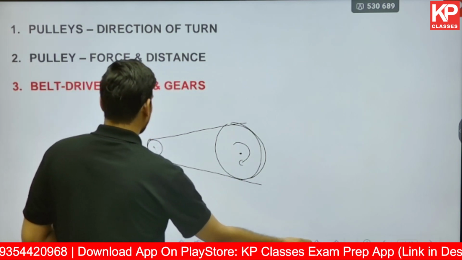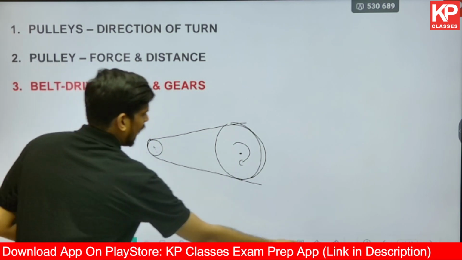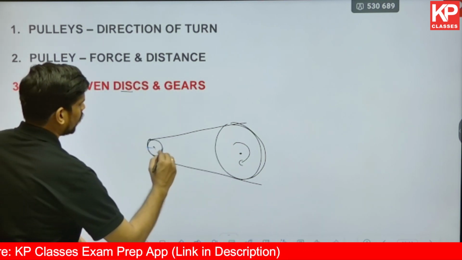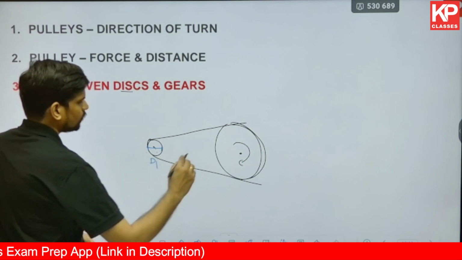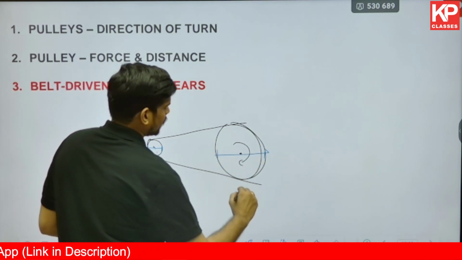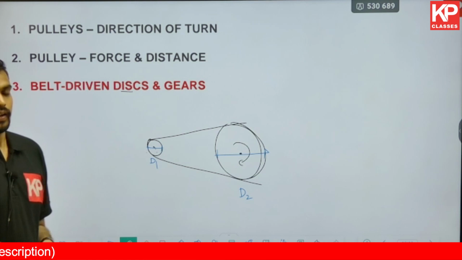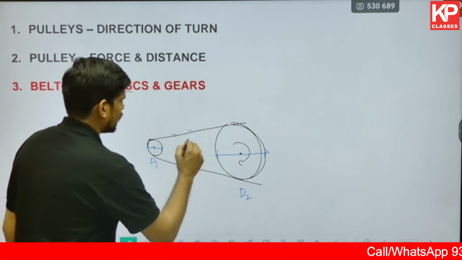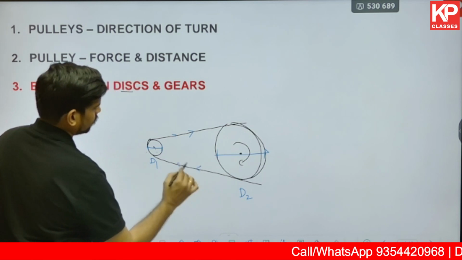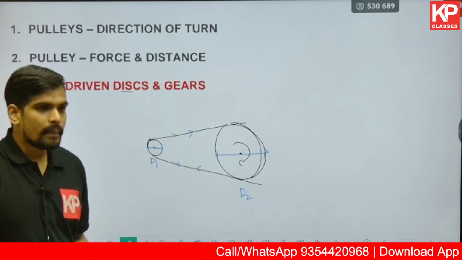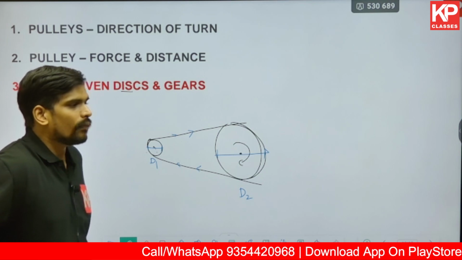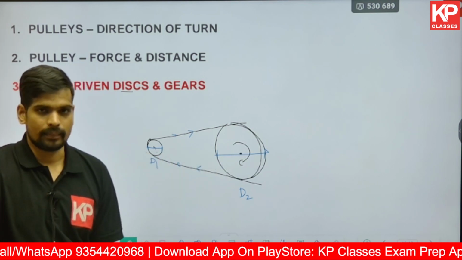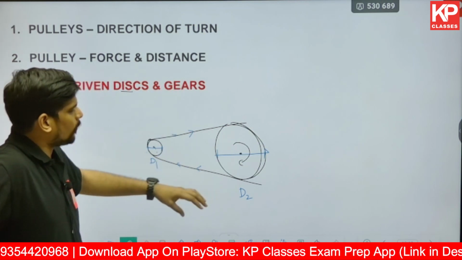The relation between the movement of the driver and the driven is always this way. So if the diameter of the smaller disc is D1, and the diameter of the larger disc is D2, and the belt is moving, remember the number of turns you see in the smaller disc and the number of turns in the larger disc will not be the same.